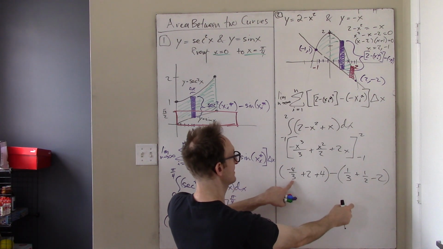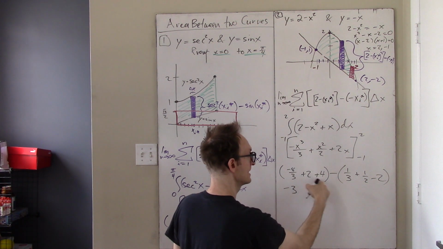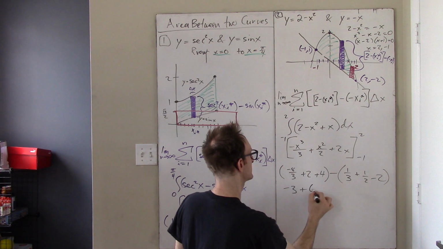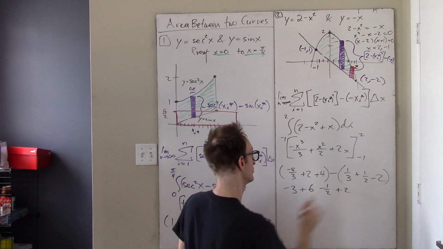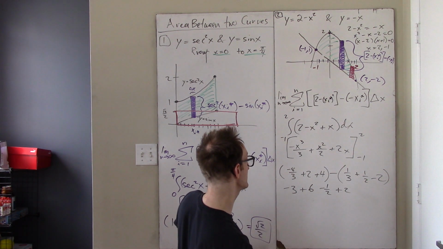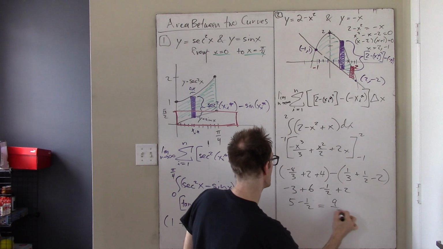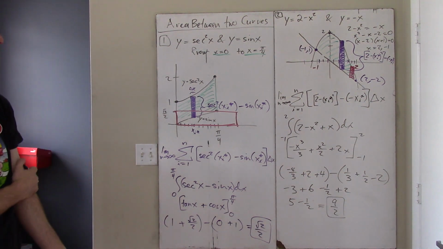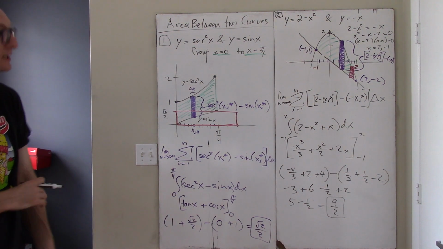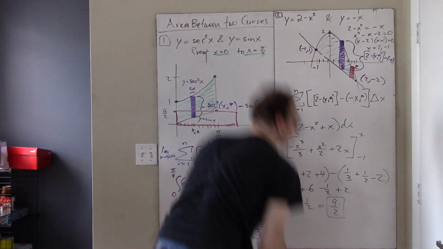And so that gives me minus 8/3 minus 1/3 is minus 9/3, so it's minus 3. And then that's plus 6. And then that's minus 1/2 and then plus 2. So I in fact get 5 minus 1/2. And so I hope the answer is 4.5. Ta-da! Okay. Good. There's about 2 more things worth doing.